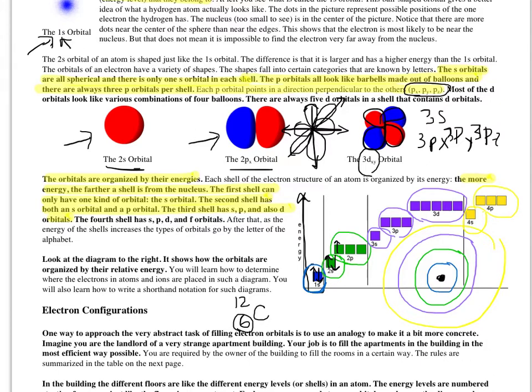Well, guess what? This next electron, the 6th electron, is thinking to itself, dude, I don't want to have to share a space with another electron if I can help it. And do you notice how all of these 2p orbitals, 2px, 2py, and 2pz, are all at the same relative energy level?